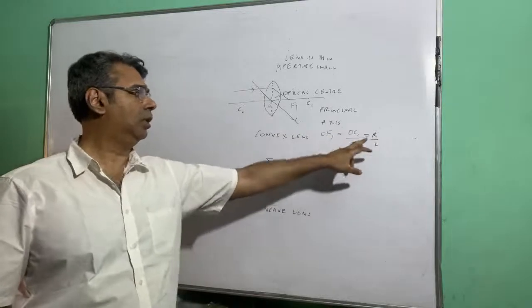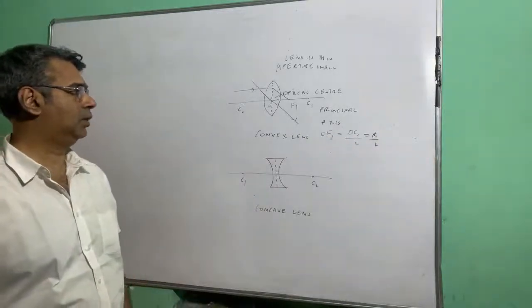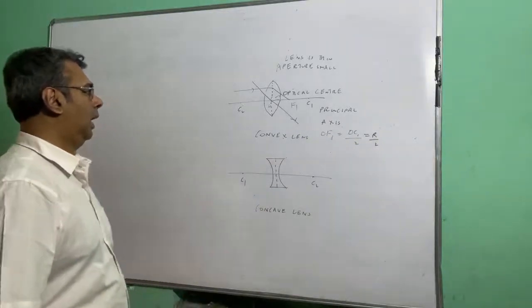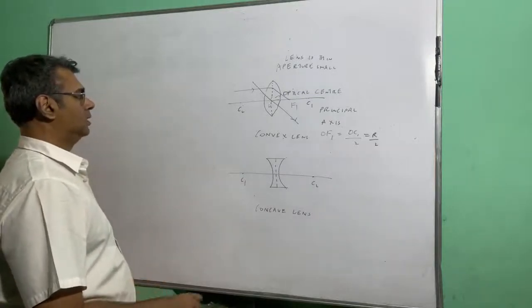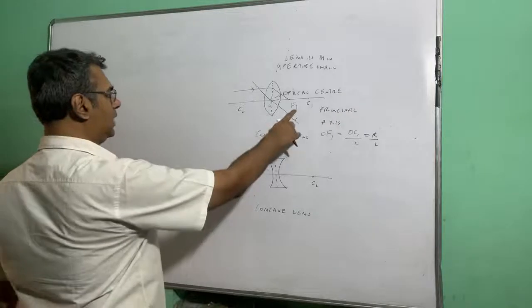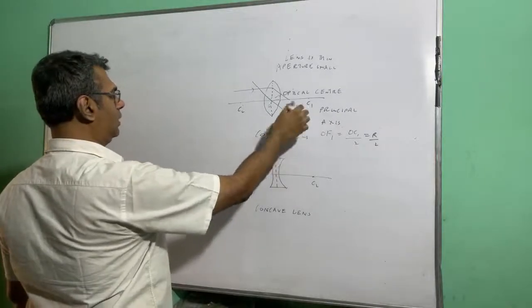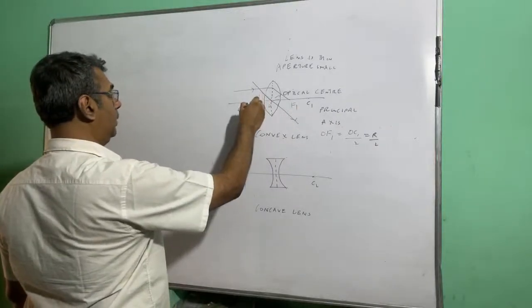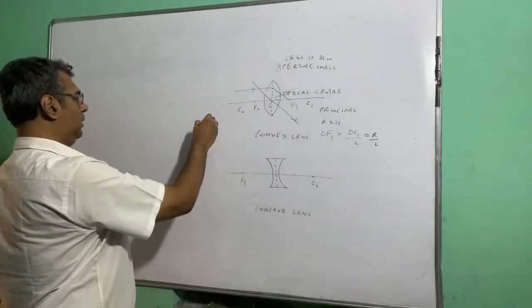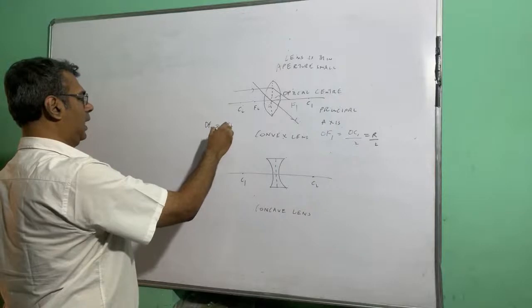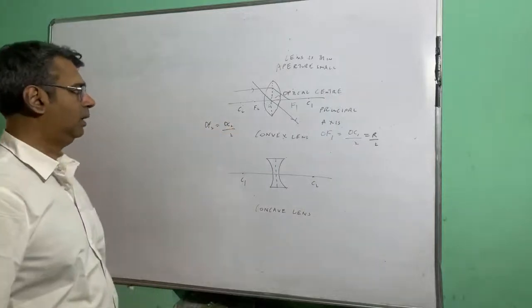So OF1 is radius of curvature by 2, right? And just like there is a point F1 on the right, there will be a point F2 on the left, and it will follow the same criteria: OF2 will be half of OC2, right?